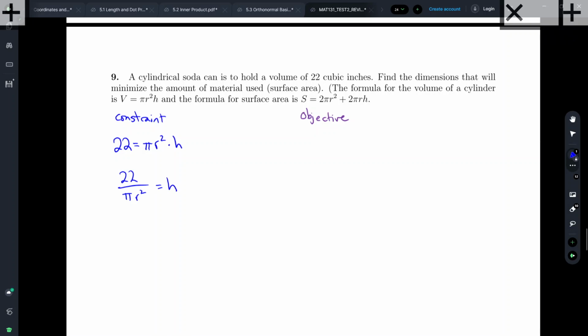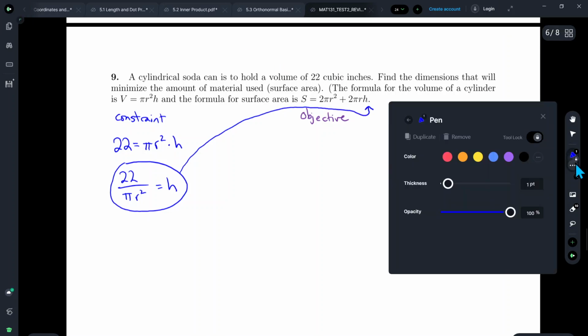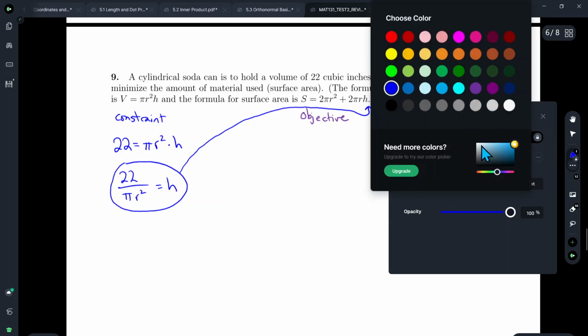And what this allows us to do is to now take this equation and plug it into the objective function. So I take this and I plug it into h here. So let's write it out.